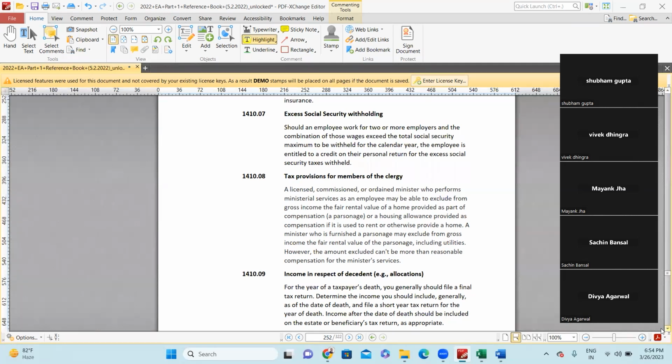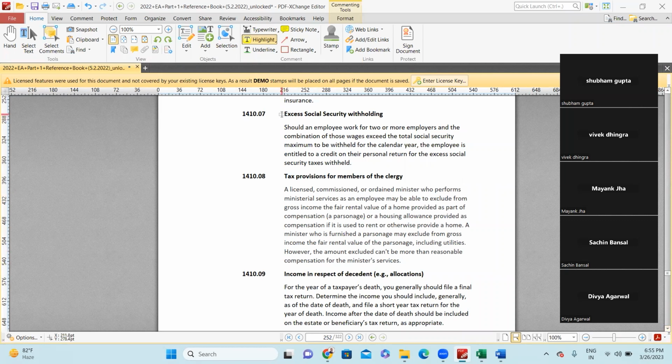So they have deducted $600 and deposited $600 in my Social Security. That means in a year, they have deposited $1,200 extra, right? So I can claim that excess Social Security deposit as a refund. Make sense?